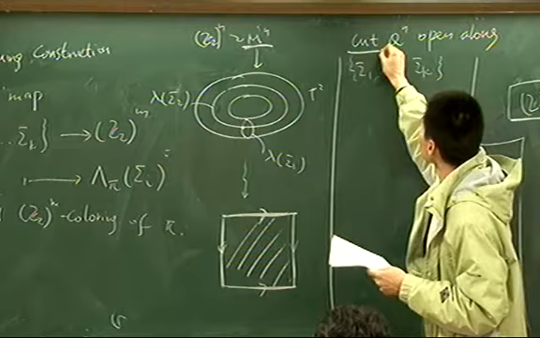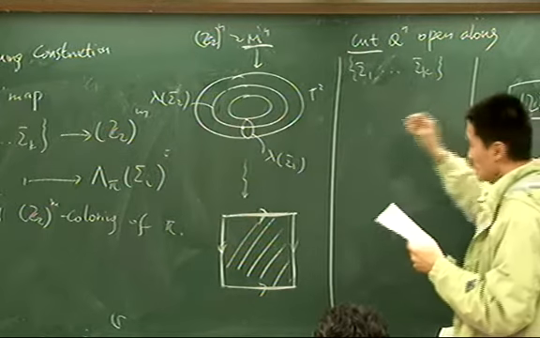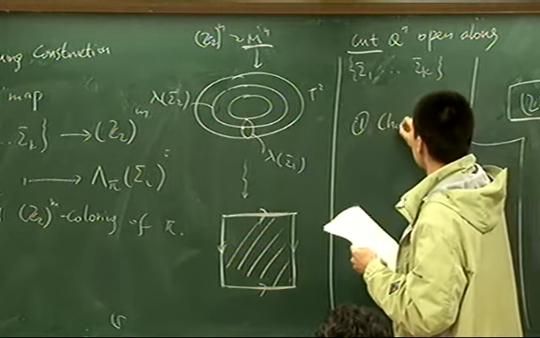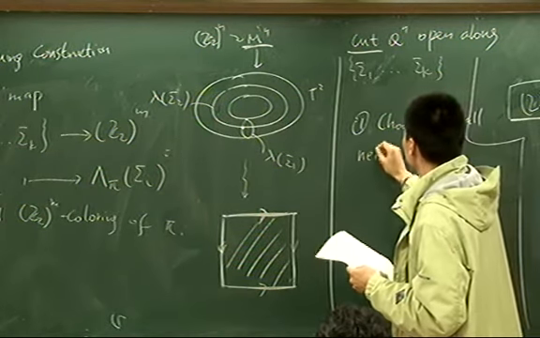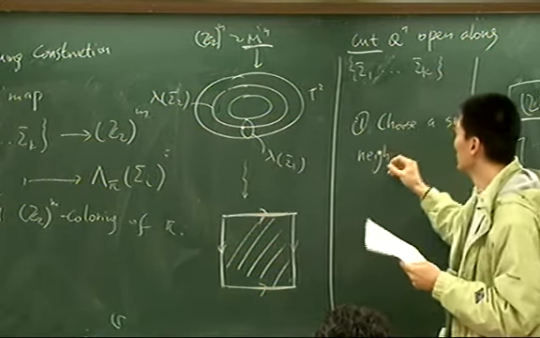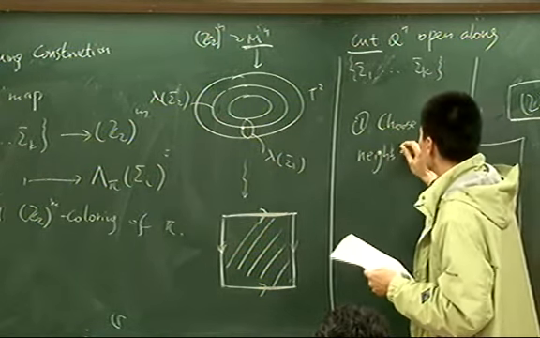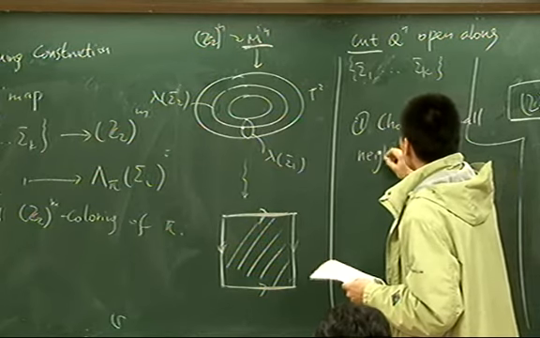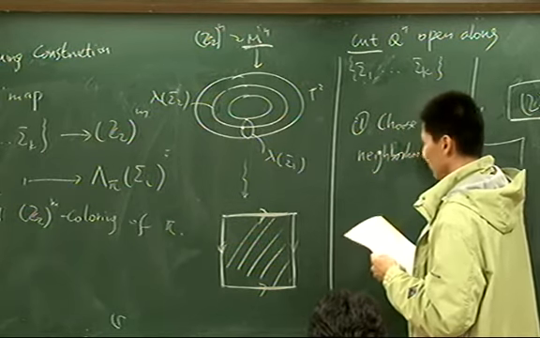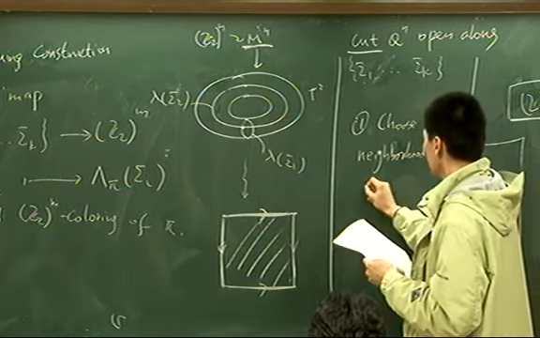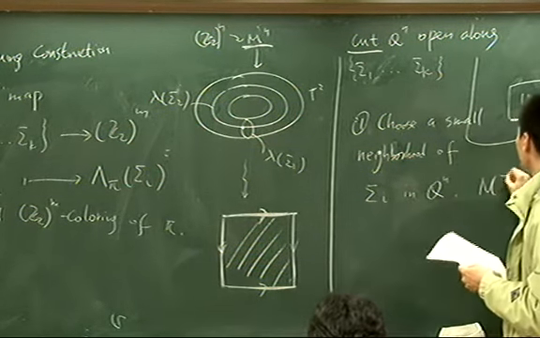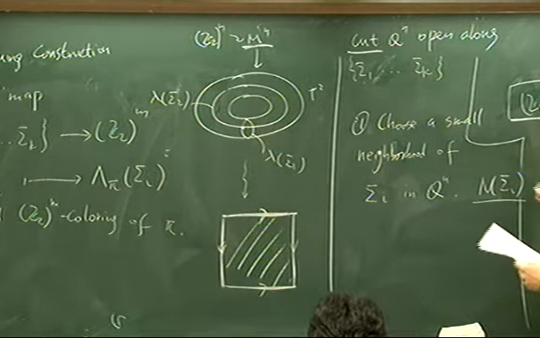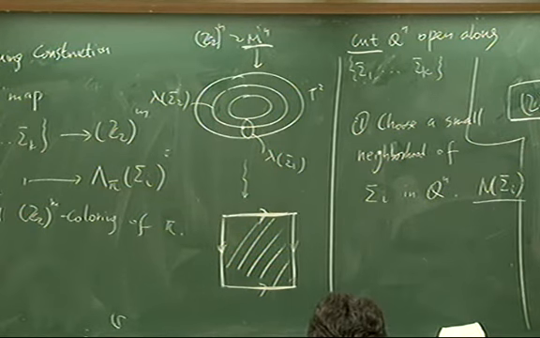So what's the meaning of cutting it open? This means we choose a small normal neighborhood of sigma i in Qn, which I write as N(sigma i).